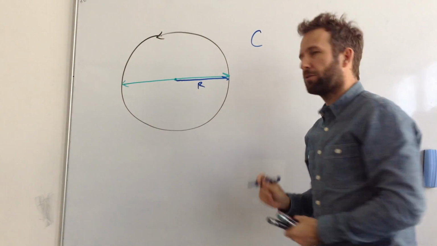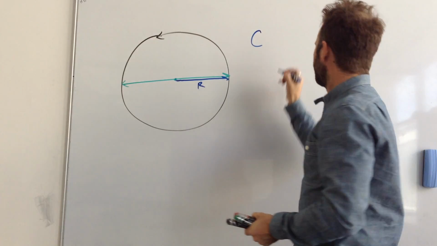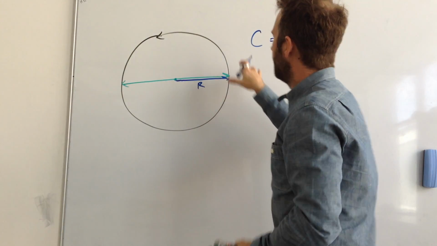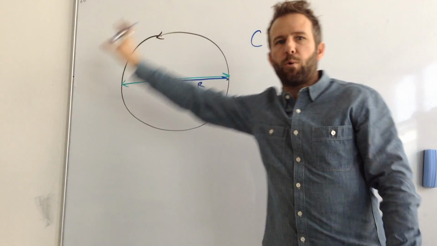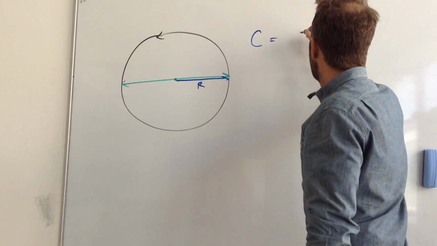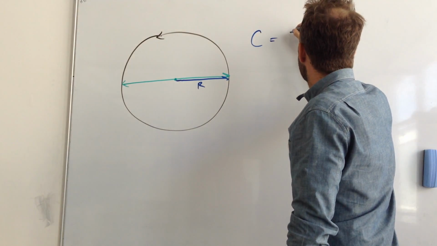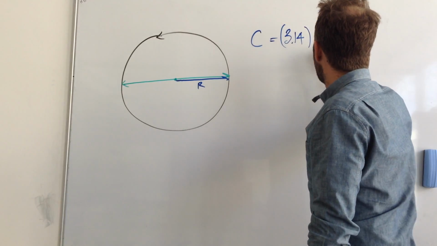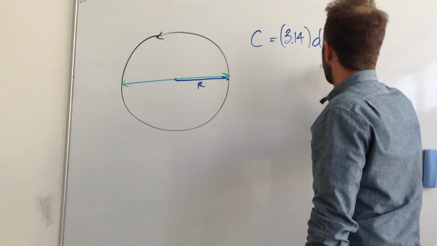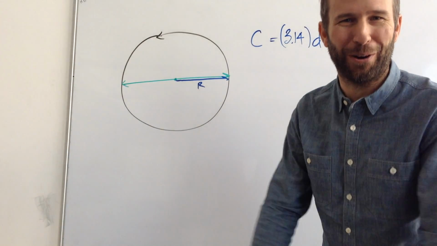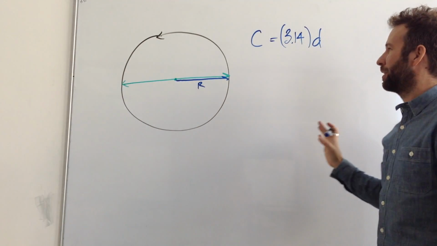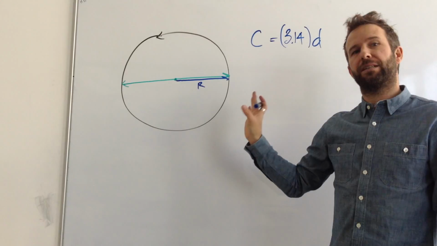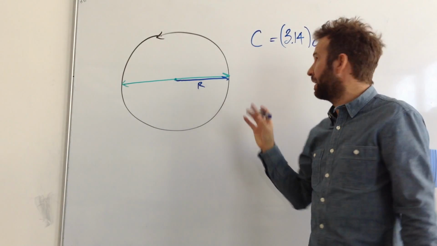So if I take the circumference just as c, we know that it's going to be equal to 3.14 times that diameter. So pi is 3.14, and we're multiplying by the diameter exactly that many times to get the outside. So that's one way of thinking about it.